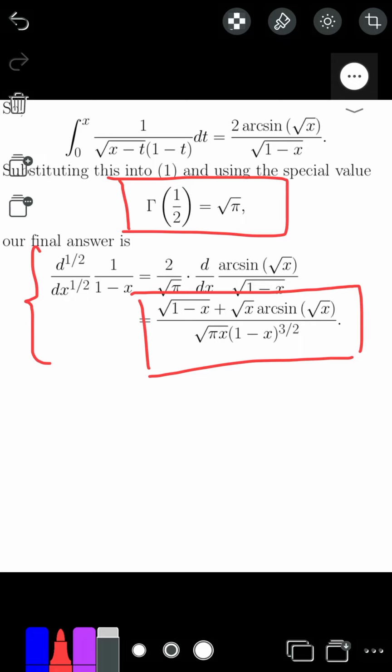Anyway, 1 over 1 minus x is a rational function, but its semi-derivative, its 1/2 derivative, is not a rational function. It has a square root and 1 minus x to the power of 3/2 in the bottom, and an inverse sine. It's clearly not rational at all. So it's just kind of a strange thing for fractional calculus, the fractional derivative. It's kind of cool, right?